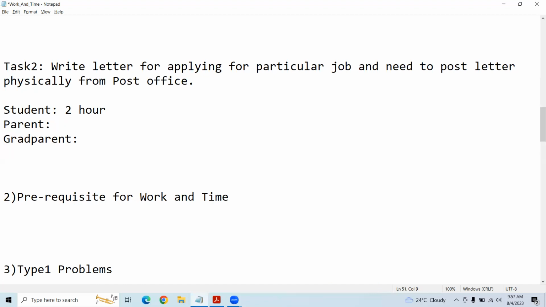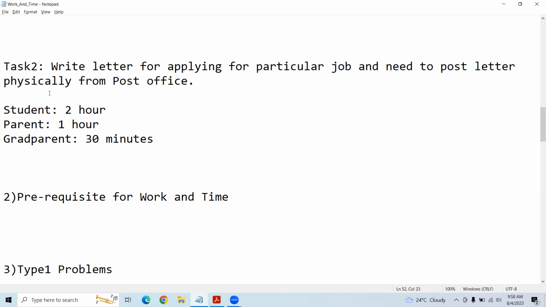As a parent, you might have used actual letters a few times. So you might be able to do it in 1 hour or something. And if we ask the grandparent, just a couple of generations ago we used to have only letters. We were not having any email, internet and all those things. So they are very much comfortable with that and they would be able to do that work in maybe 30 minutes only.